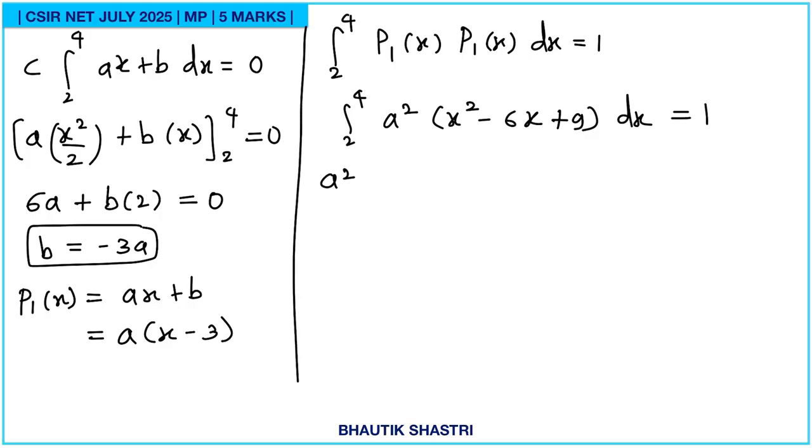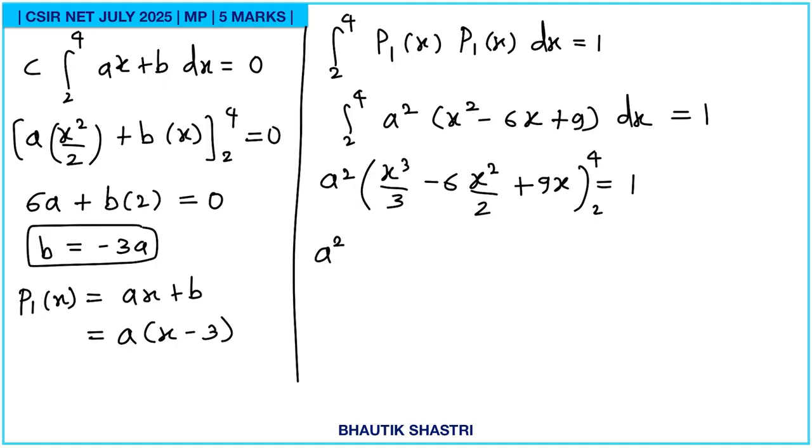So a², then we have x³ by 3 minus 6x² by 2 plus 9x, and that is equal to 1, and limits are from 2 to 4. So a², this is 56 by 3 minus 3 into 12 plus 9 into 2, that is equal to 1.